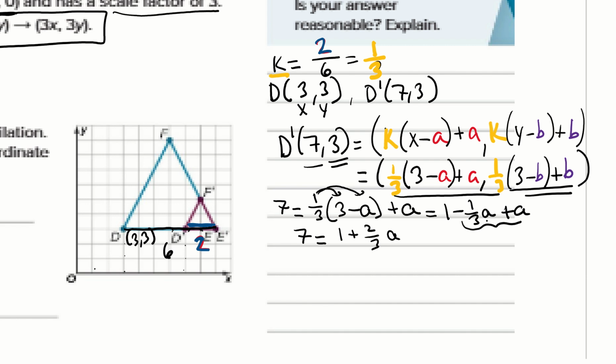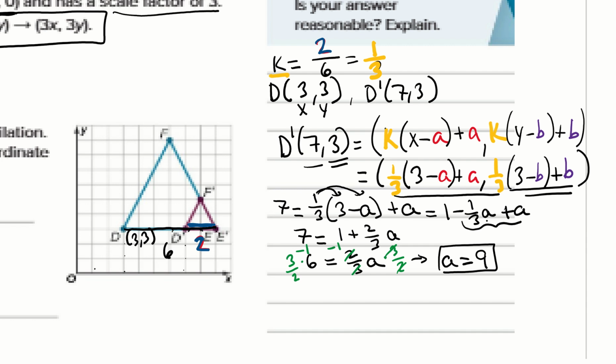Then we subtract 1 on both sides to get 6 equals 2/3 A. Then I'll show my work in green: I'm going to multiply by the reciprocal, 3 over 2, so that these cancel. That leads to A equaling 3 times 6, which is 18, divided by 2 is 9. That gives us my A.